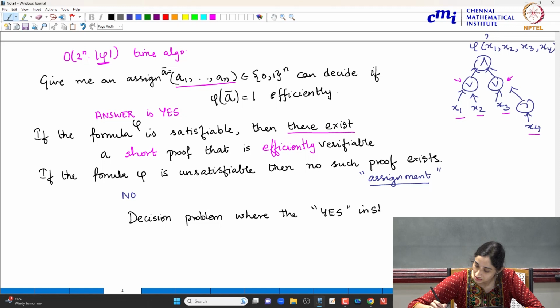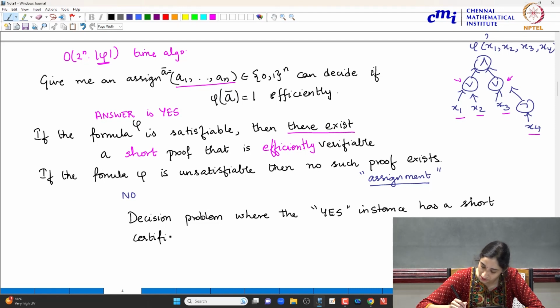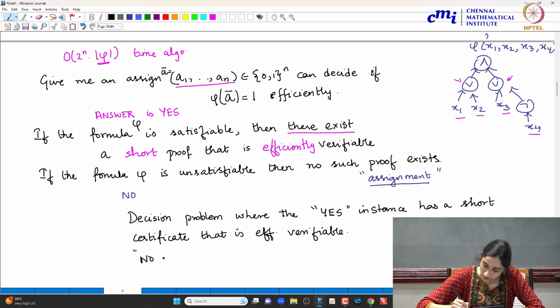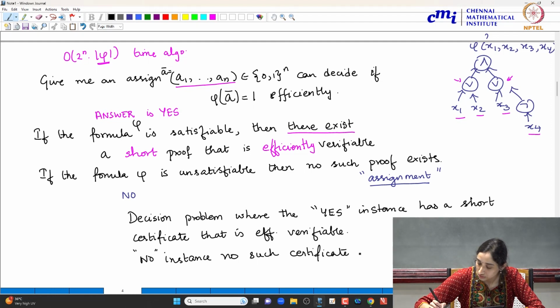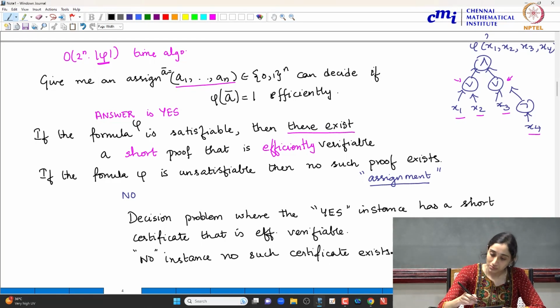The yes instance has a short certificate or proof or witness that is efficiently verifiable. And for a no instance, no such certificate exists. I say certificate instead of proof. No such assignment. So problems that exhibit this property belong to the class NP.